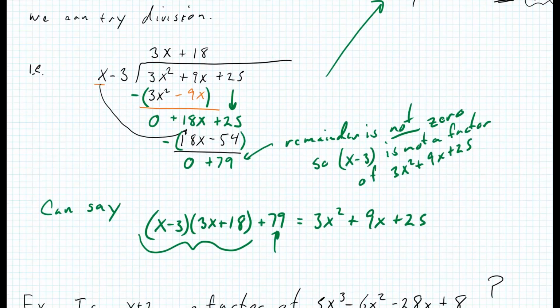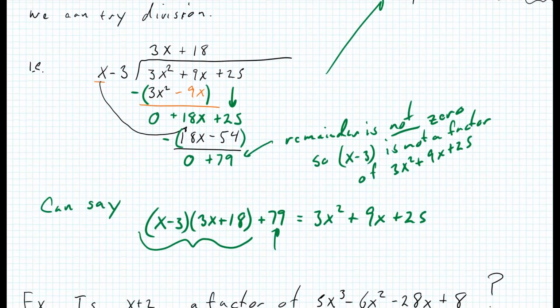That means that when we got a remainder on this first one, if I'd have just put 3 into that polynomial, that would have been f of 3, right? I would get 79. So polynomial long division is sort of an odd way to evaluate a polynomial at a point.